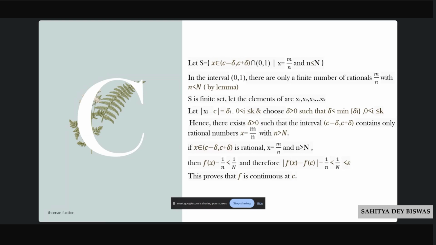So we have covered all three cases: if x is irrational, and if the denominator of x is greater than N or less than or equal to N. So we can say that the function is continuous at c. Now c is arbitrary, so I can say that the Thomae function is continuous at all its irrational points.